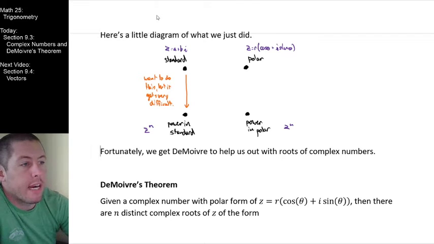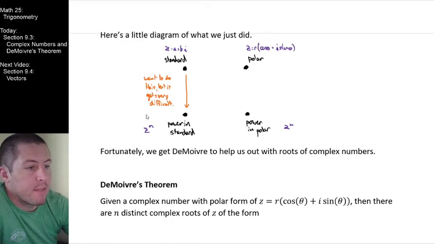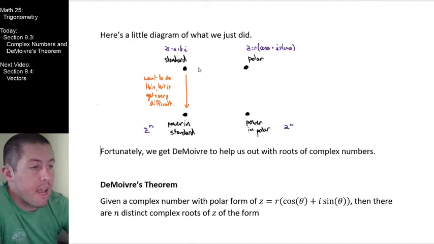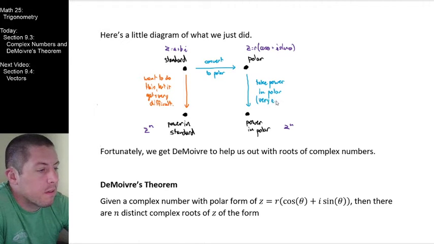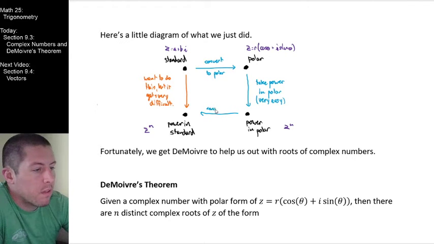So instead, what our technique is, much more generally here, is to convert to polar, take the power in polar, which is very easy, and then convert back to standard.